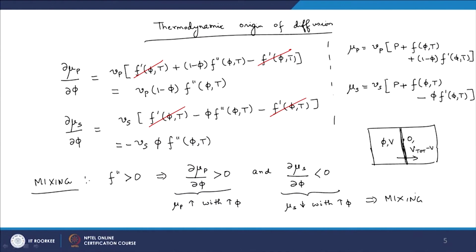Okay. So, if the analogy is somewhat confusing to you, let us start with, say, a concentrated solute solution that has a very high value of volume fraction phi, and let us say I mix it into a pure solvent. So, when I mix in, then the volume fraction of the solute decreases when compared to the initial concentrated solution of solute, and this is a favored process because the chemical potential of solute is decreasing.